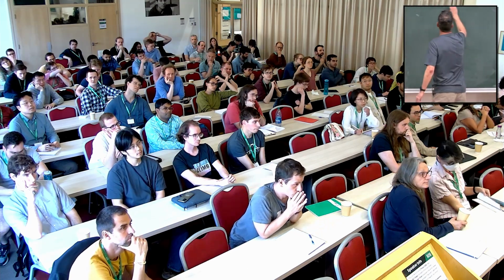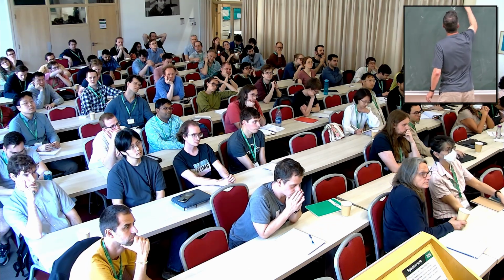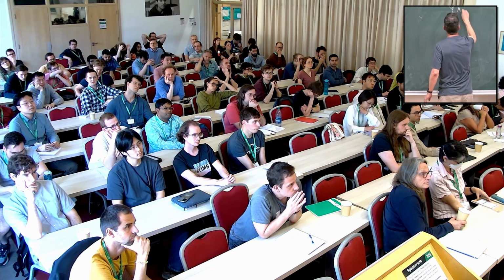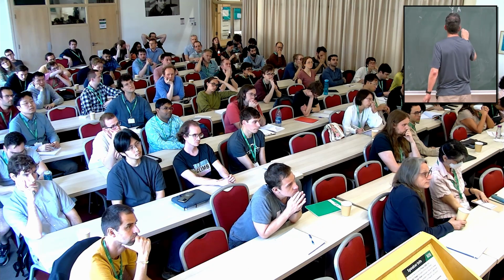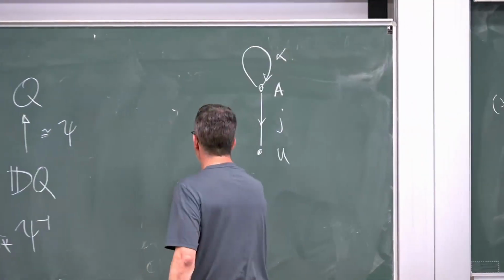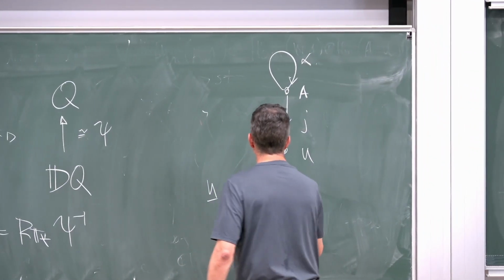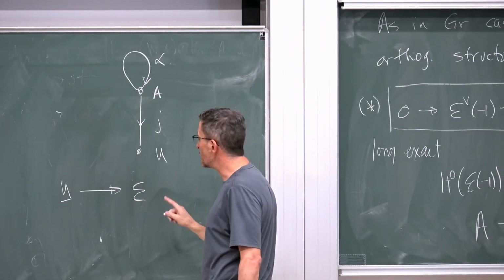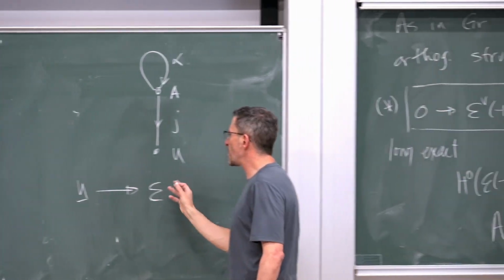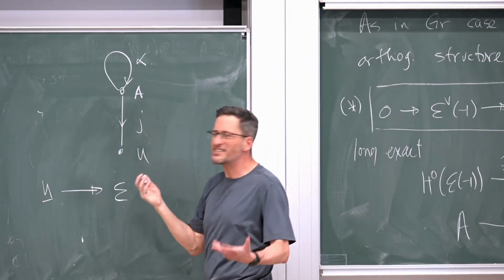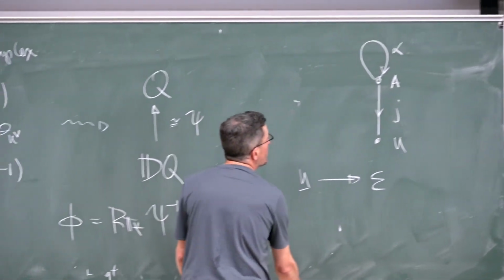Let me just do this one thing, right? Back in the Grassmannian case, I said that this data right here is equivalent to giving you an E and giving you a surjection. And I expressed it in terms of an extension. That extension is not actually that useful.